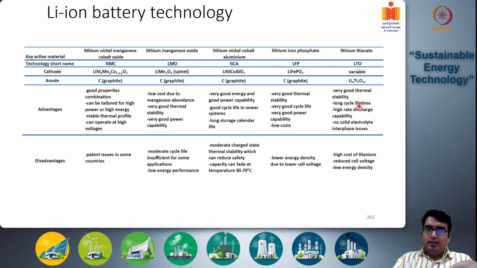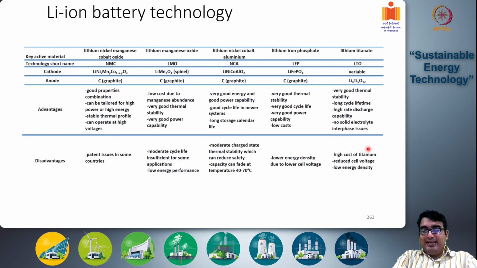So here the interesting issue is it's the anode which is lithium titanium oxide, and the cathode can be several types. So it's a different kind of a design compared to the other 4 lithium systems. And the electrolyte is also somewhat different. The cost of titanium is high, so it's one of the chief disadvantages. It's costlier. Cell voltage is low, so you have lower energy density. Okay.